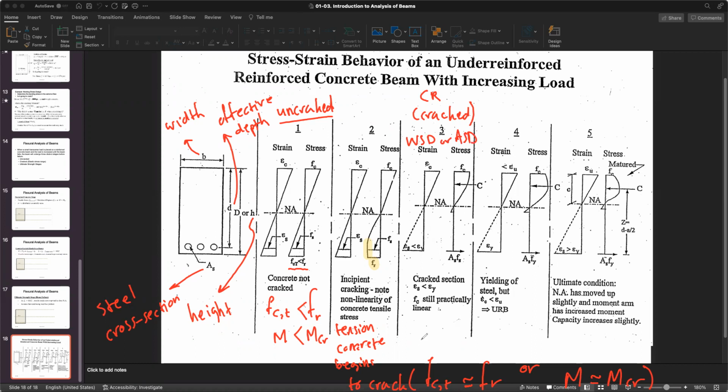For the cracked section, epsilon S is less than yield yet, so your steel hasn't yielded yet. FC is practically linear, although it is not showing linear, but it is assumed to be linear because it is so close to linear behavior at this point. Tension is more than your FR, and Fs for steel is less than yield at this point.